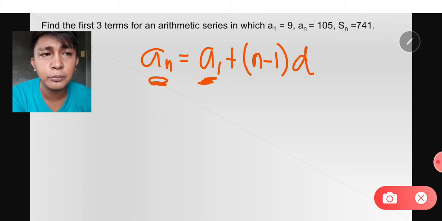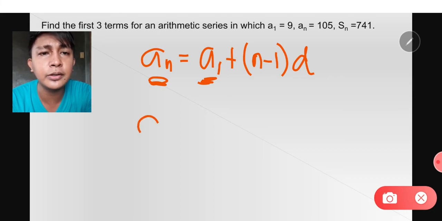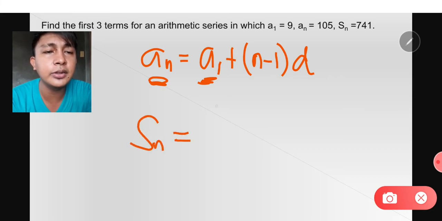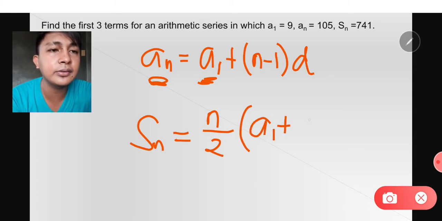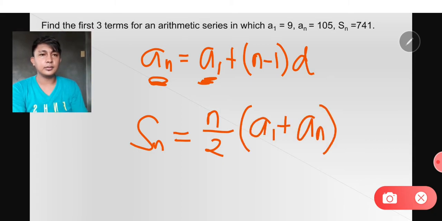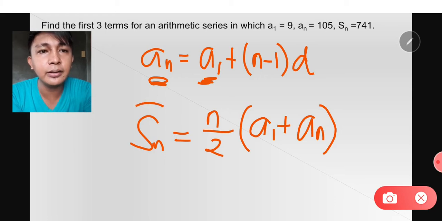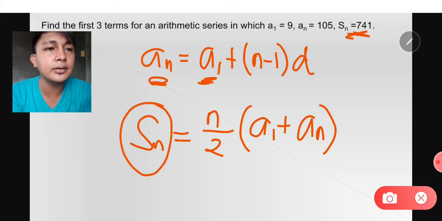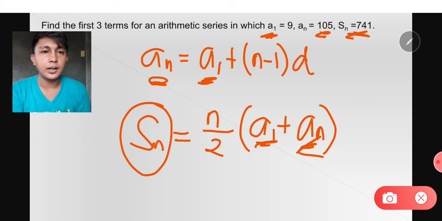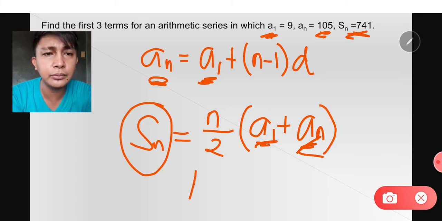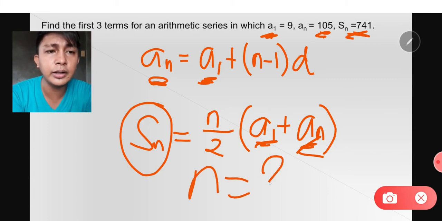Gamitin natin si formula ni sum of the terms of a given arithmetic sequence. So we have S sub n is equal to n over 2 times a sub 1 plus a sub n. Okay? Makuha natin si S sub n kasi given siya. Meron naman si first term, meron din si last term. Anong makuha natin dito? We will arrive with the value of n.